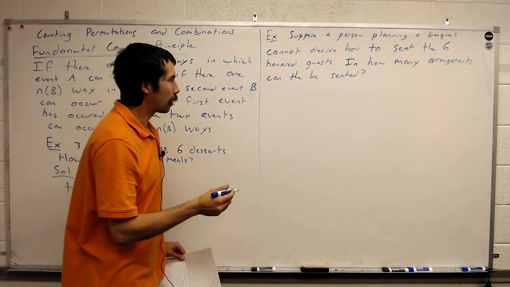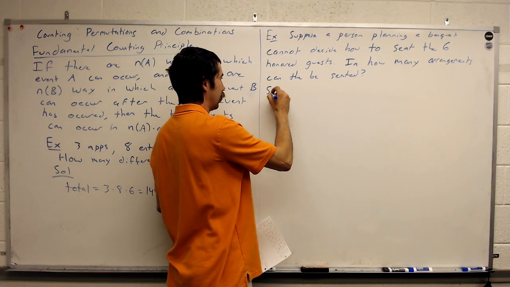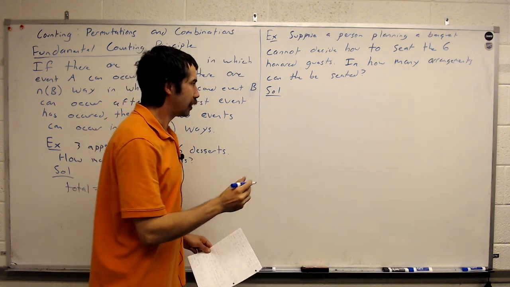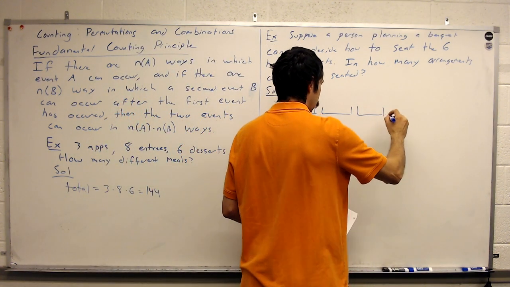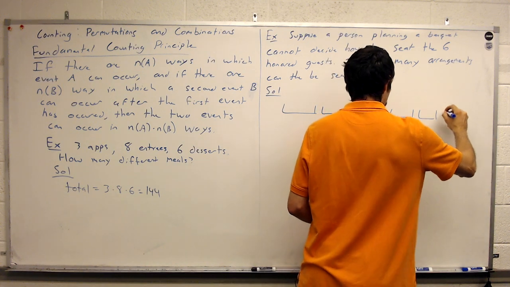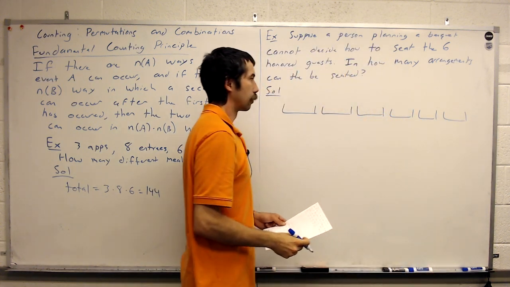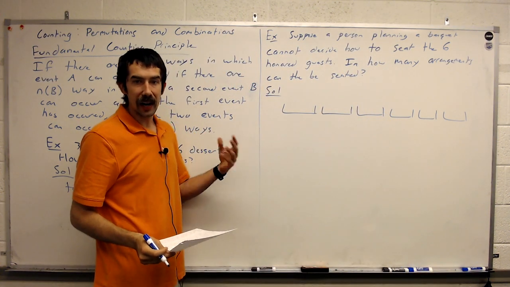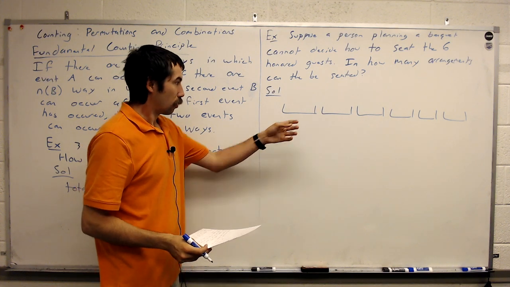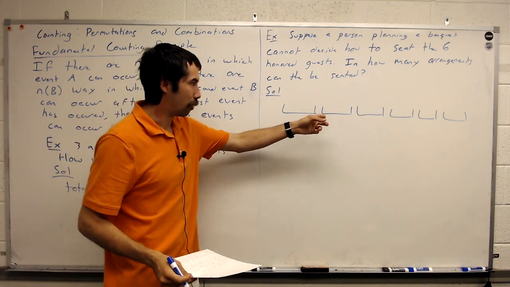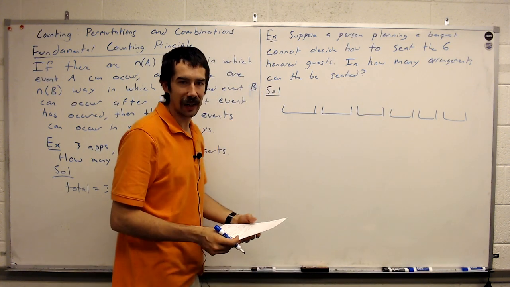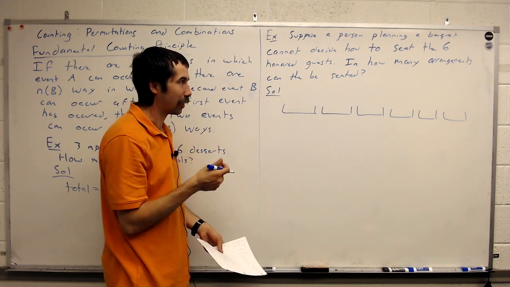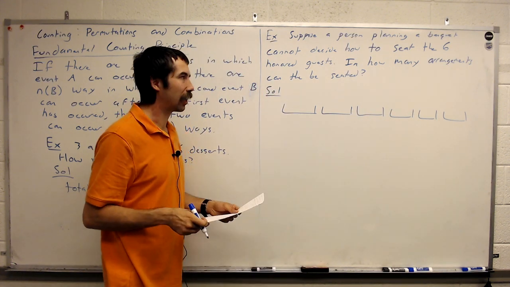Okay, so let's give a quick little sketch of what's happening here. We have these 6 seats. And we need to decide who gets in the first seat and then who's in the next seat, third seat, fourth seat, fifth seat, and sixth seat. It's not like they're ranked. This is just the order that they're going to be seated at this banquet.